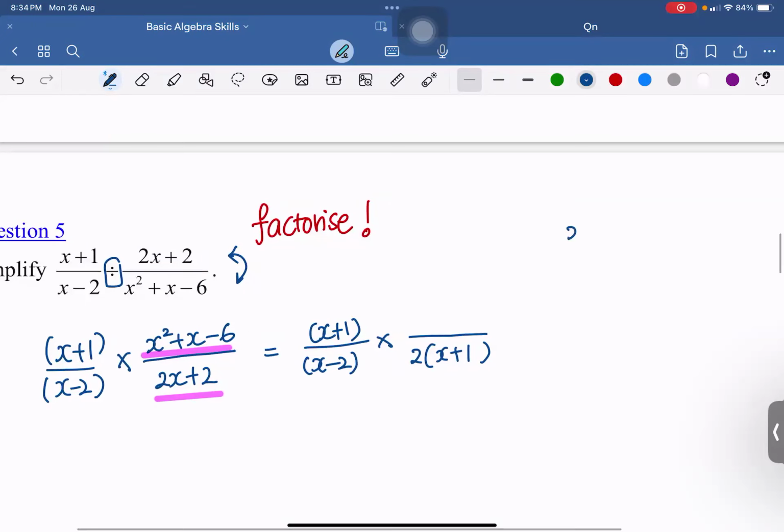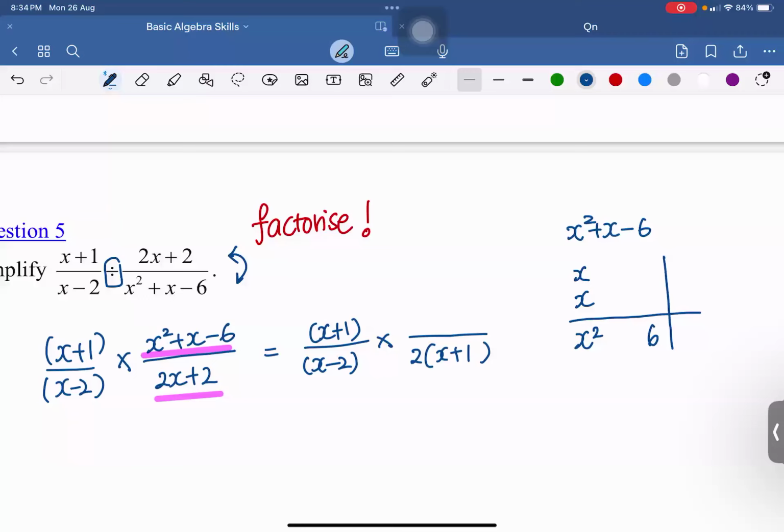Then what about this one? X squared plus x minus 6. Need to do what? X times x squared. What number times what number gives you 6? If not, you can use a calculator. Mode 3, 3, 5, 2, 2 also can.